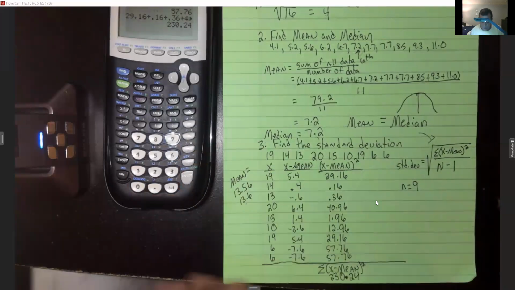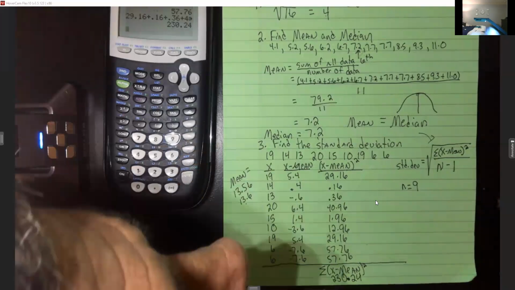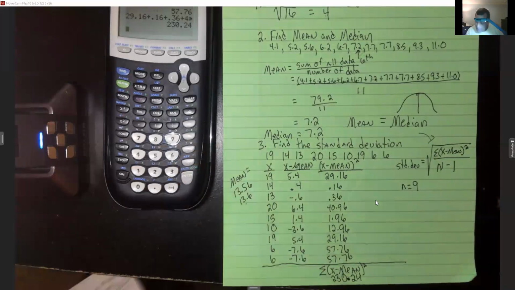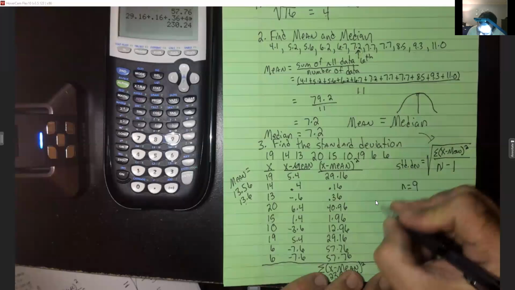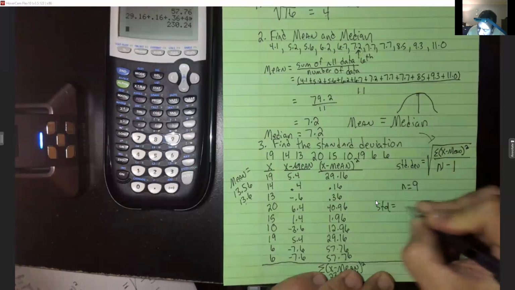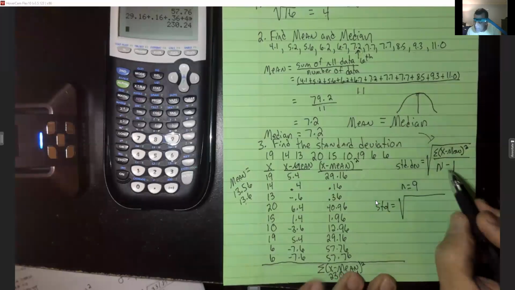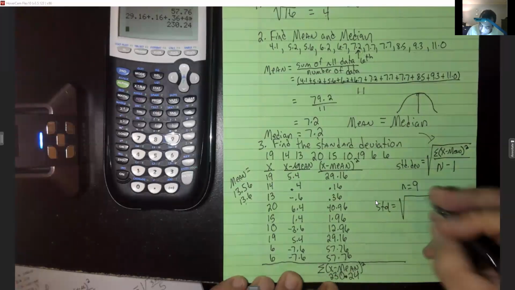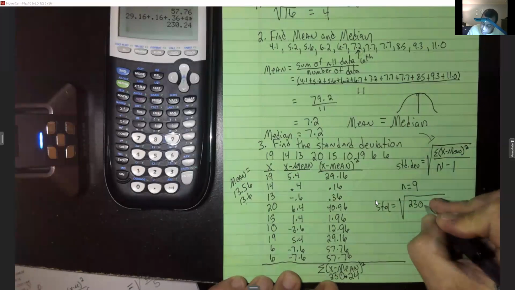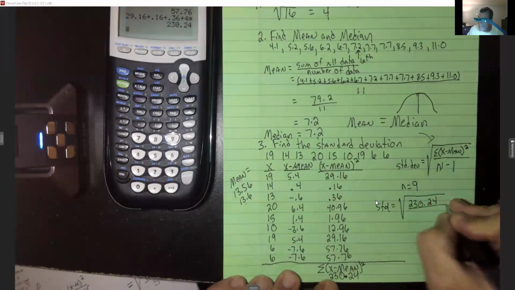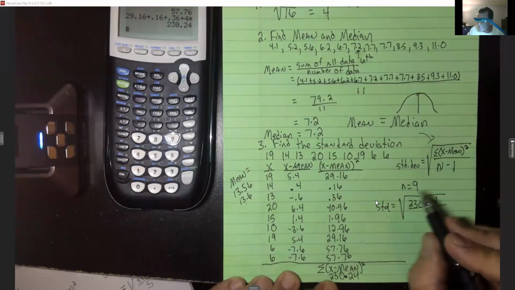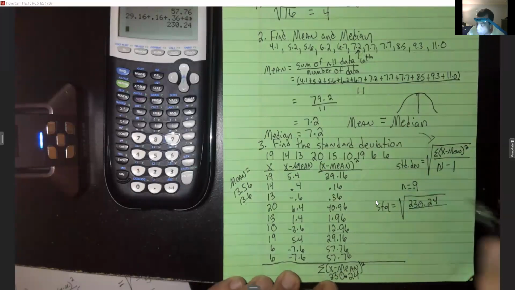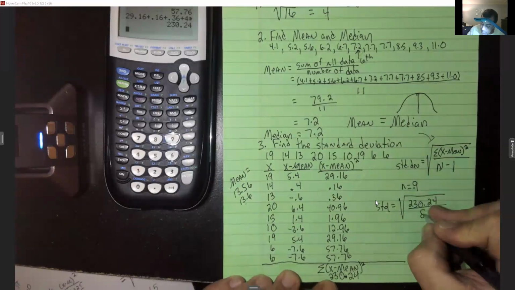So I'm going to keep it out 2 decimals, what they're giving me. So my standard deviation, it says, is going to equal the sum of the x minus mean squared. Well, we just found that. That was 230.24. Divided by n minus 1. Well, n is 9, so 9 minus 1 is 8.